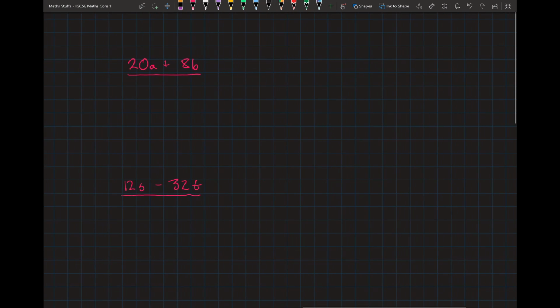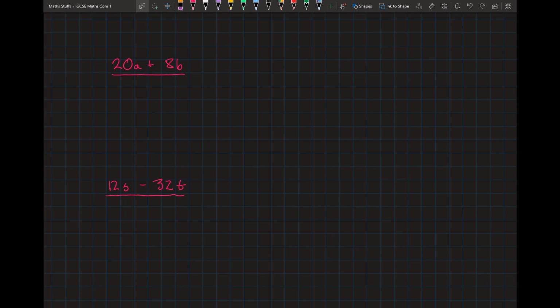So in the case of 20a plus 8b, if we're looking at this, we can't really pull a or b out because if we have 20a plus 8b and I want to take this a out, then that means I basically have to divide the whole thing by a.